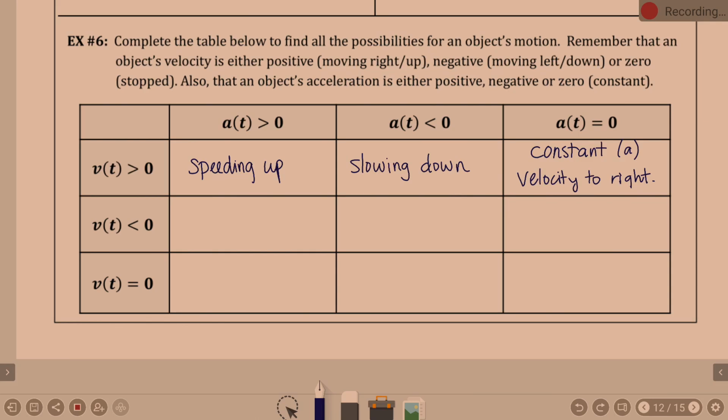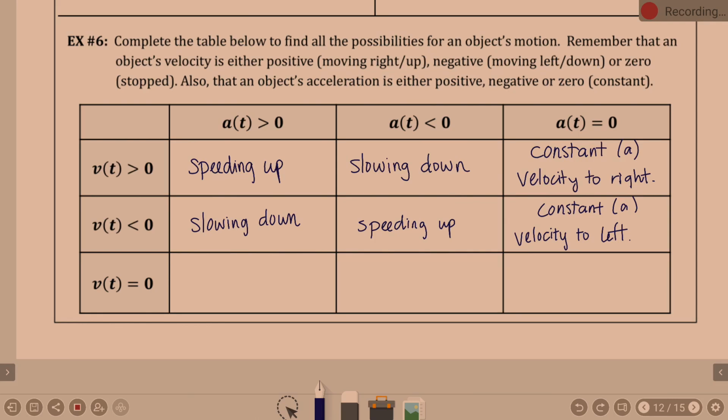When the velocity is less than 0, acceleration is greater than 0. Here we are slowing down, opposite signs. Velocity negative, acceleration negative. Speeding up, the same signs. Okay. When velocity is negative, acceleration is 0. Constant acceleration again, and this time the difference is velocity is to the left.